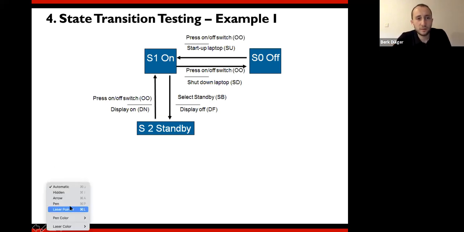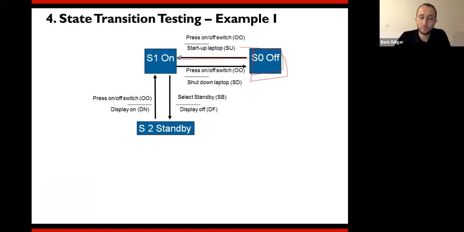Let's consider a computer or a television. When it is in the off state, if we press the switch button, it will start up and go to the on state.